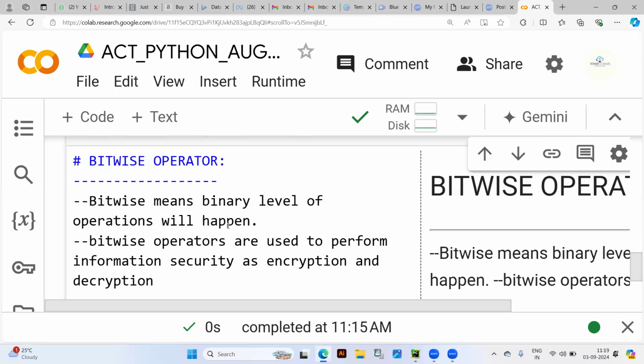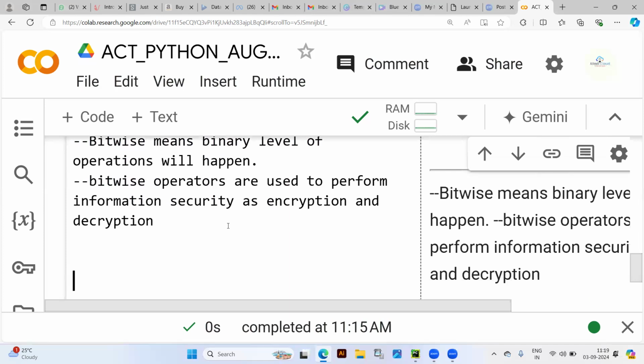For that reason, in the network drivers, there are layers called the OSI model layers.